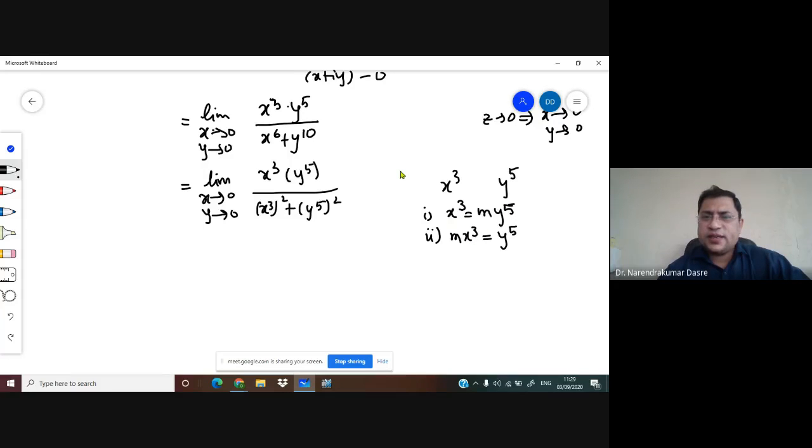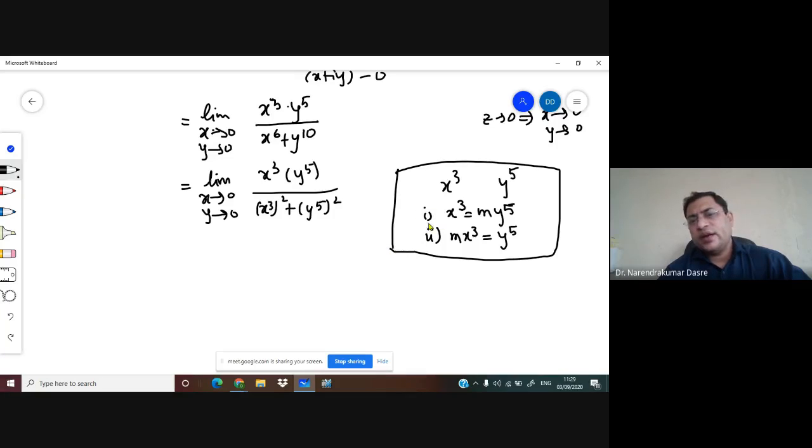Either of these relations we can have, and we can see as x goes to 0, y will also go to 0, or as y goes to 0, x will also go to 0. So these two relations satisfy the condition for the simultaneous limit, and either of them is possible.